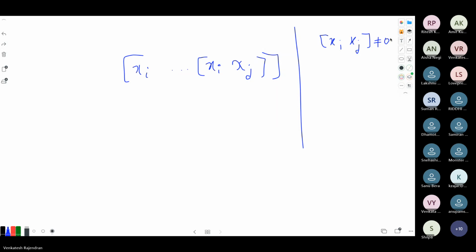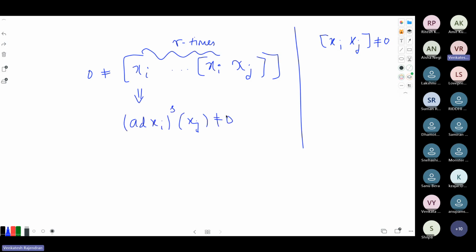But then you keep applying ad x_i on x_j and see where it actually stops. Because if this is non-zero, say I have applied it r times, then it's immediate that (ad x_i)^s of x_j is non-zero for all s less than or equal to r.